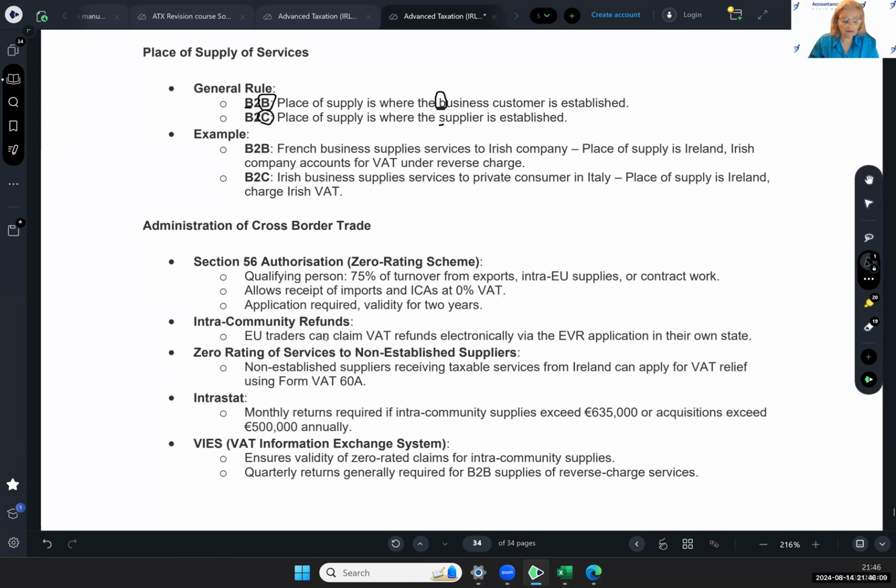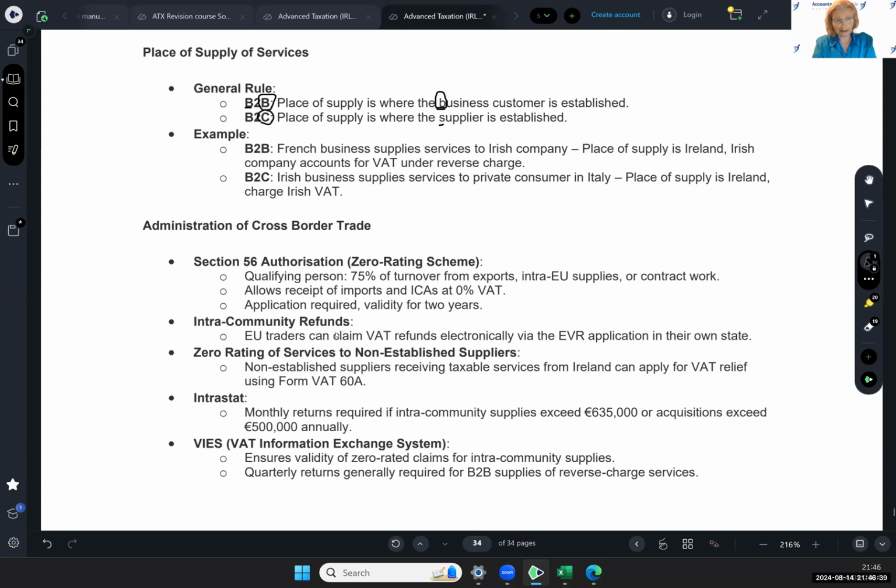Intra-community refunds: this is where it is possible to make a claim for VAT incurred in a foreign country and have recovery of that VAT without being registered in that country. You can't recover foreign VAT in your Irish VAT return, but if you've incurred foreign VAT and you're not registered in that country, this is not for us people, this is for businesses now.